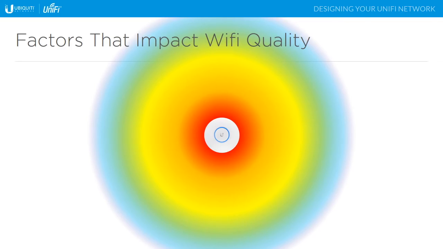But one of the things you really have to consider when you're placing these access points within an environment is what else is going to degrade that signal quality. So for example, what happens when you have a wall? Well, inevitably that wall is going to cast a shadow that will decrease the signal quality behind it. Now, plasterboard walls, say between two rooms in a house, is one thing.